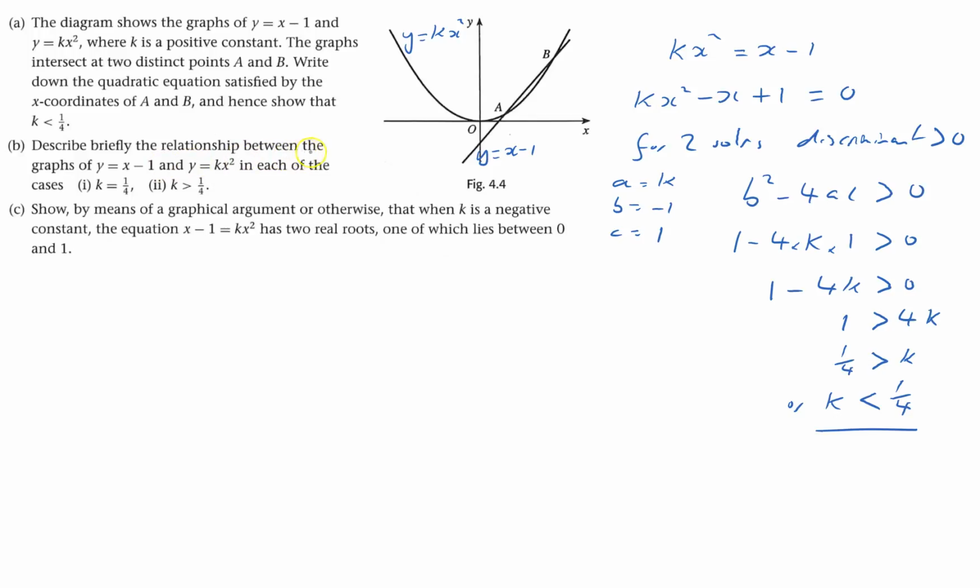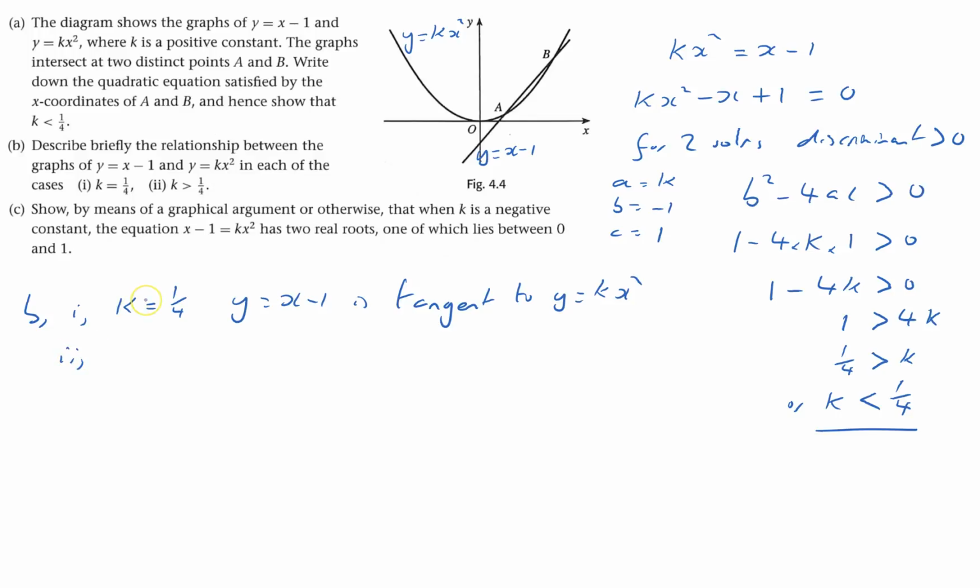Describe briefly the relationship between those two graphs when k equals a quarter. So for part B, k equals a quarter. Then what will happen here? That means the discriminant will end up being 0, and therefore it will be a tangent. So y equals x minus 1 is tangent to y equals kx squared.